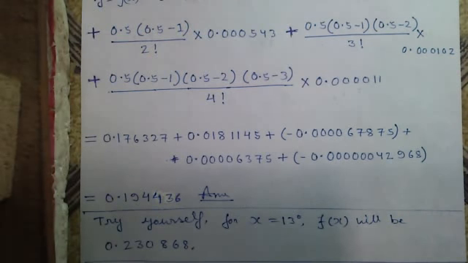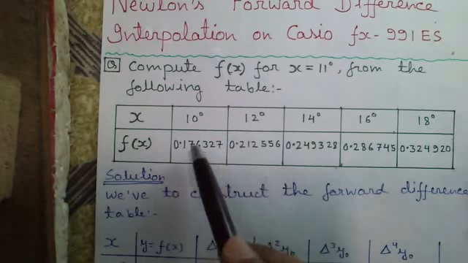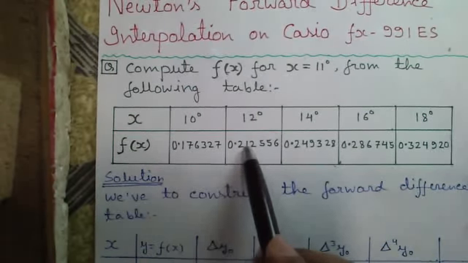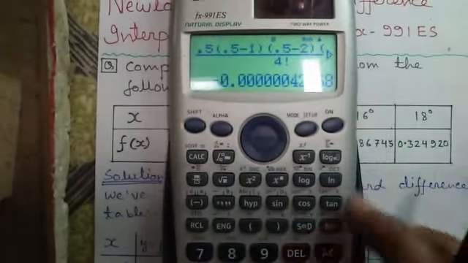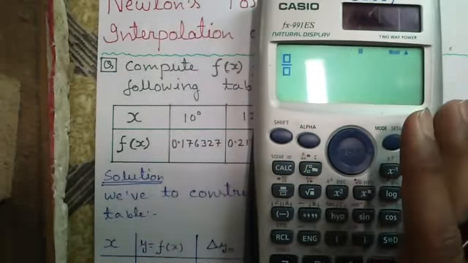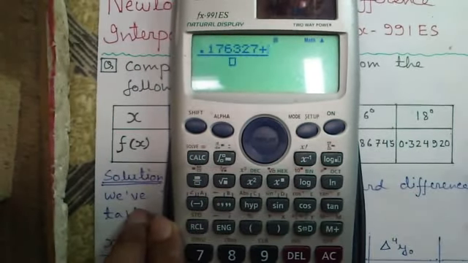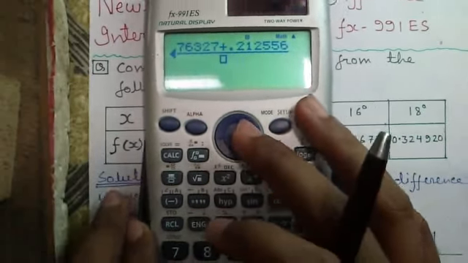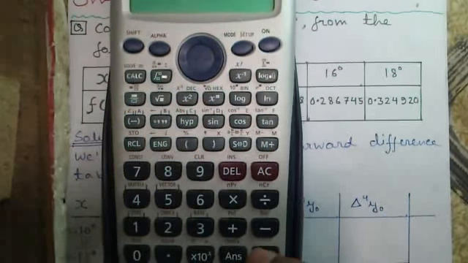How to confirm whether this answer is right or not? Here is a secret trick I am telling you. Since our x value is 11, which lies between 10 and 12, our f of x value will also lie between these two values. So we have to find the mean of these two values. For that, press AC to clear. Press fraction button, 0.176327 plus 0.212556 divided by 2 and press equals to.